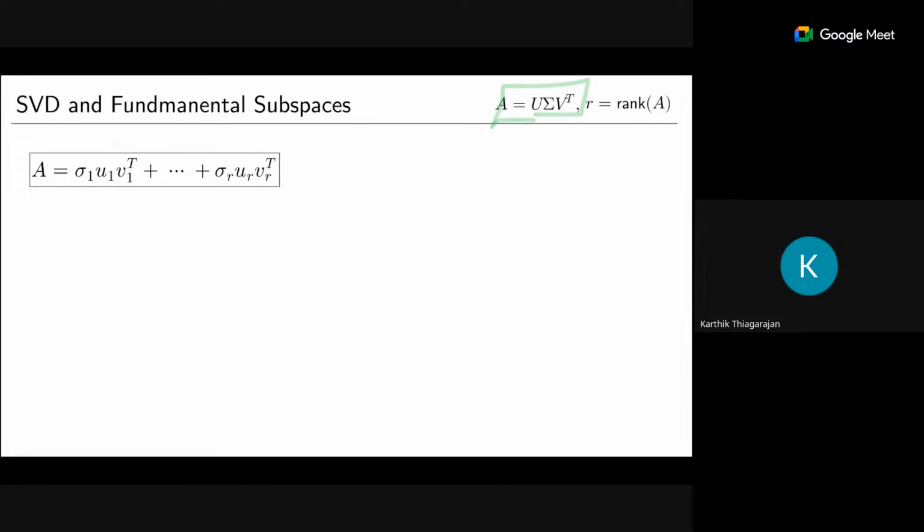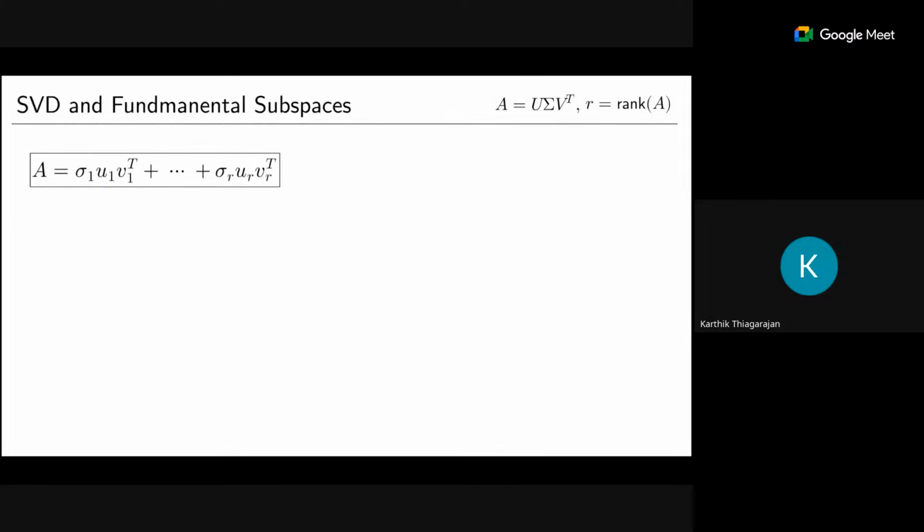If you multiply A with V_i, what will you get? A is equal to the summation of sigma_i u_i v_i transpose. So if you multiply A and one of these V's, say V1, what is A V1?